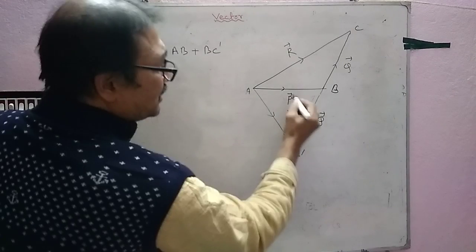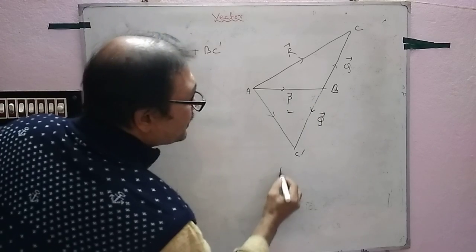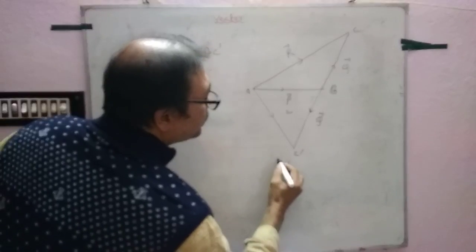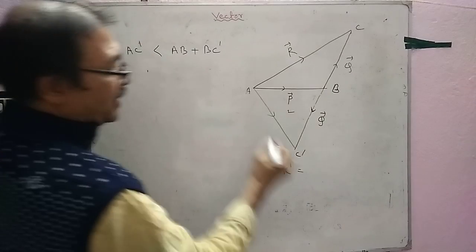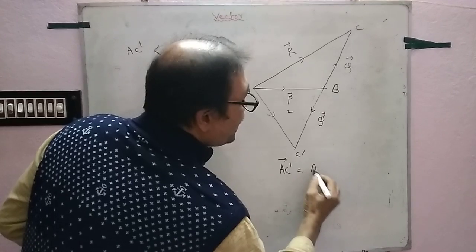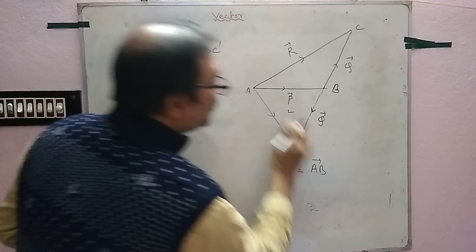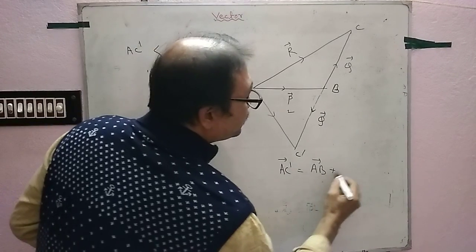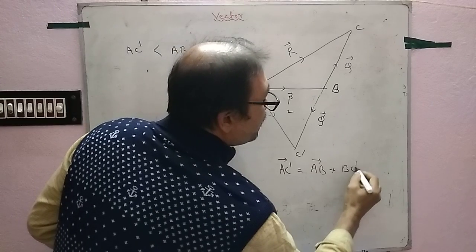Now from this triangle, AC dash, that is the resultant, equals AB plus BC dash.